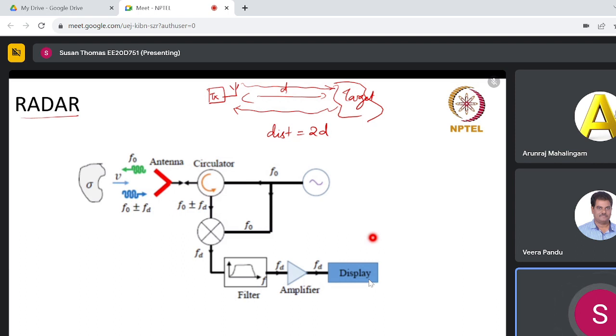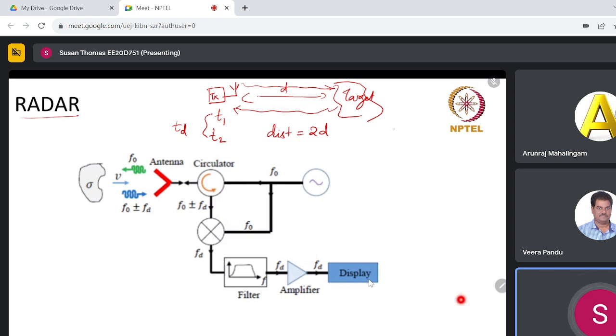Assume that there is a time delay between the time when, say, at time t1 a signal was sent, and at time t2 the backscattered signal was received. The time difference between these two is called the time delay.